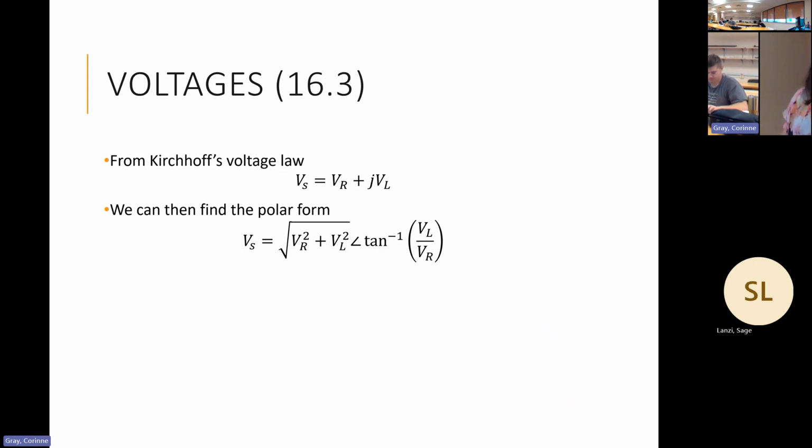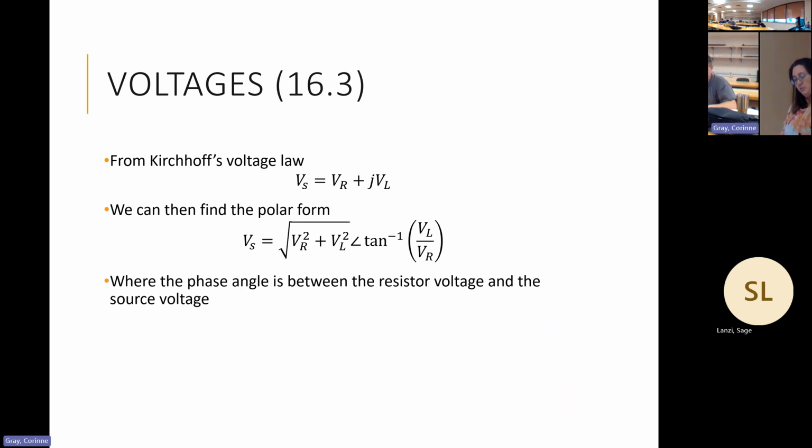We'll have Pythagorean's theorem to find the magnitude of the source voltage, and we will have the inverse tangent to tell us the angle value, where that angle is the phase angle between the resistor voltage and the source voltage. So when we find this theta, that is between the voltage source and the resistor.